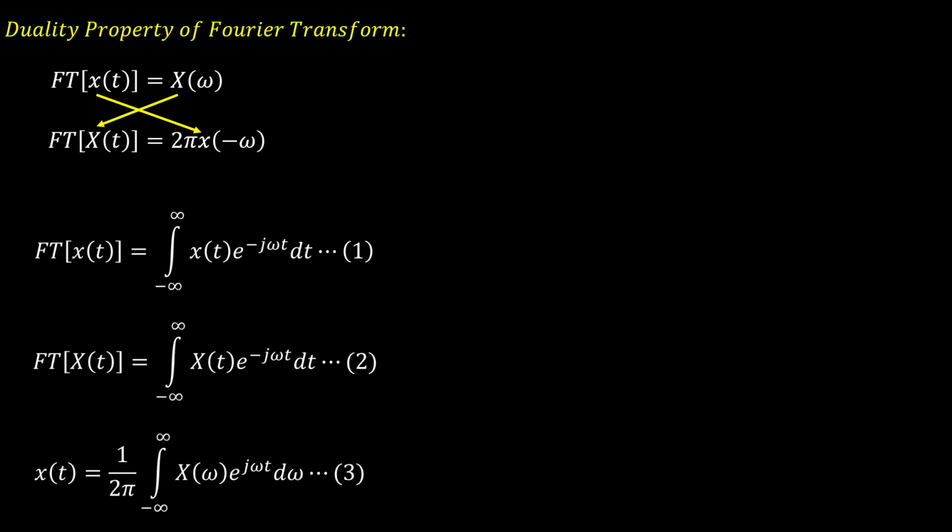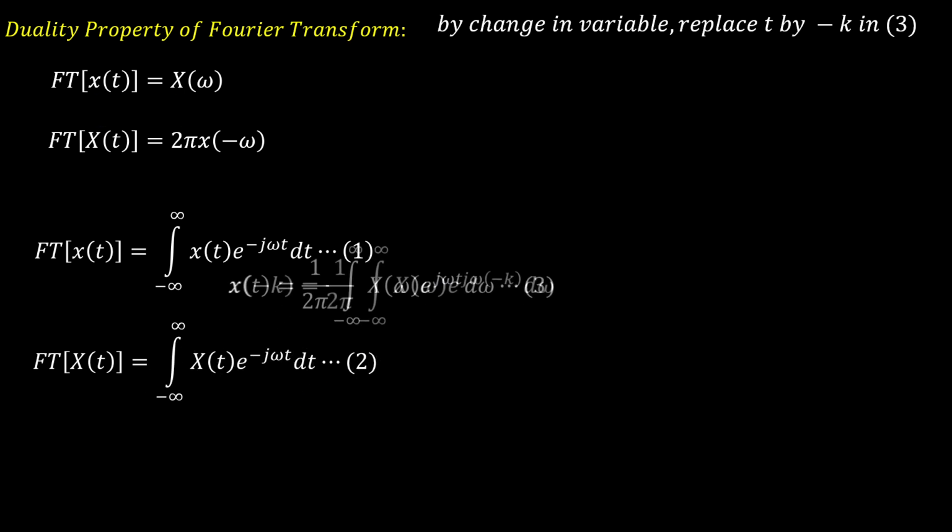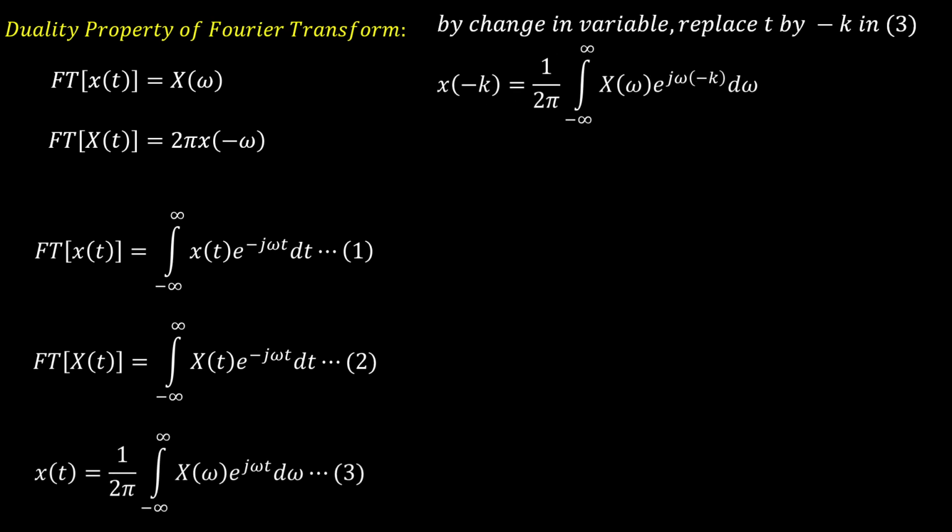Now, in this expression of x of t, we will simply replace t by minus k. Now, the new expression will be x of minus k, which is equal to 1 over 2 pi integration of capital X of omega into e raised to the power j omega into minus k with respect to omega, where omega is changing from minus infinity to plus infinity.